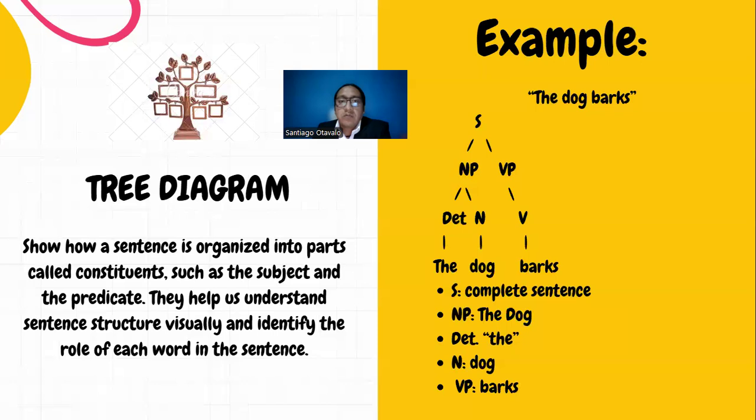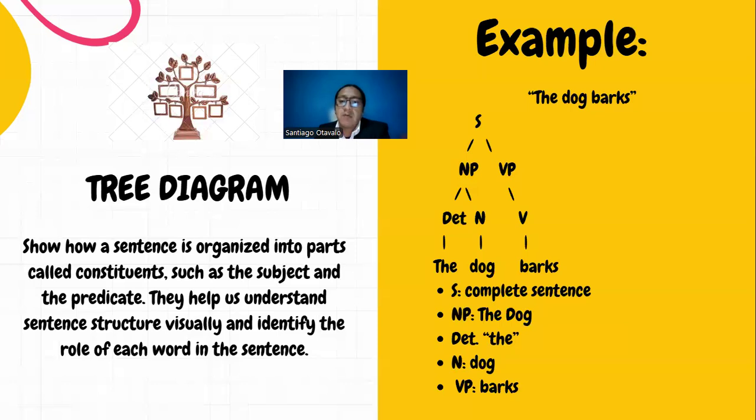We are going to divide this little sentence using the tree diagram. The sentence is, the dog barks. In this sentence, the letter S represents the whole sentence. And we can divide it into a noun phrase, which is focused on the noun.